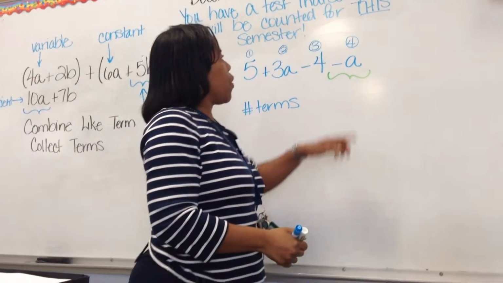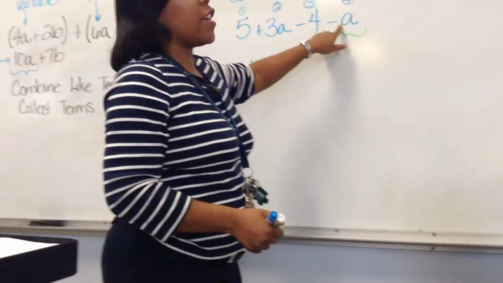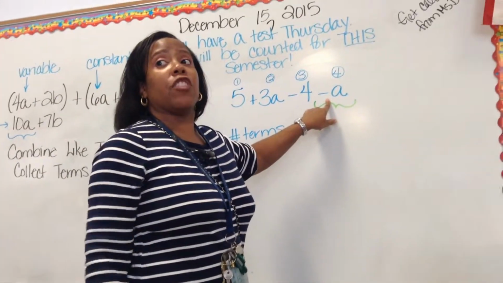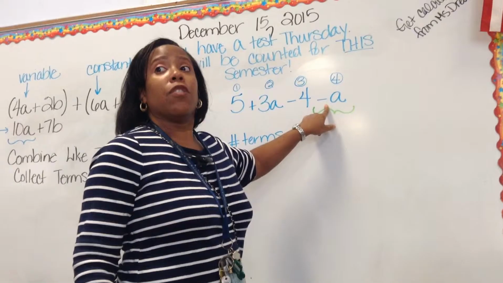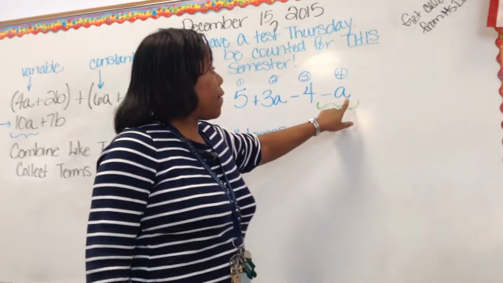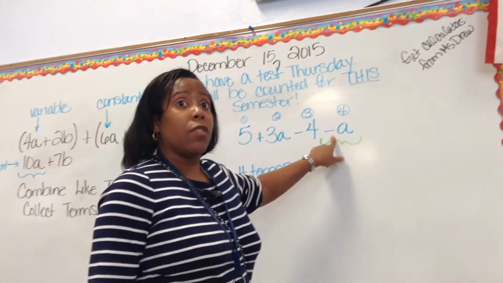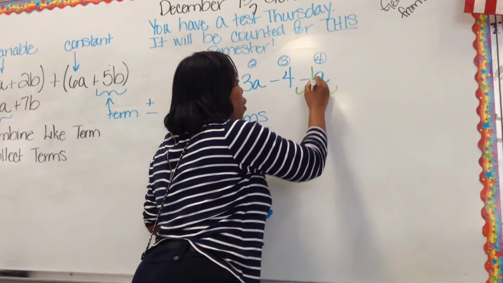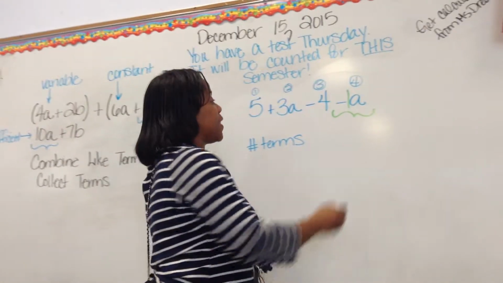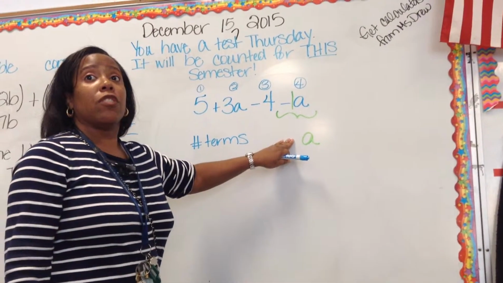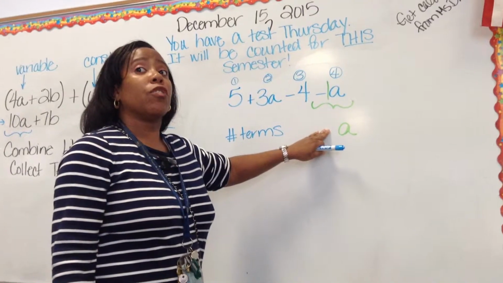No. So, if we were solving an equation, what's that number that's in front of the variable when we finish that we never have to say? 1. At the end of the equation, when the variable is by itself, that variable is 1.